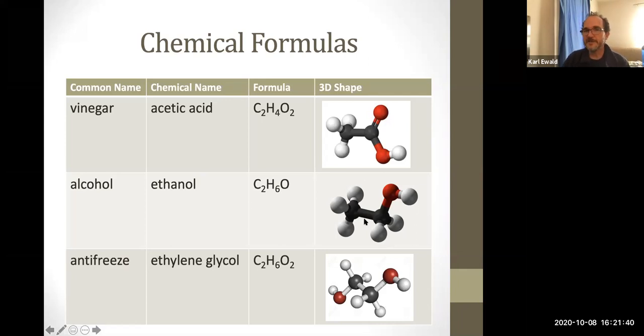If you look down at the antifreeze chemical, on one side you have this, and on the other side you have that. It's rotated, but basically these three hydrogens on the left-hand side somehow get removed and replaced by this.